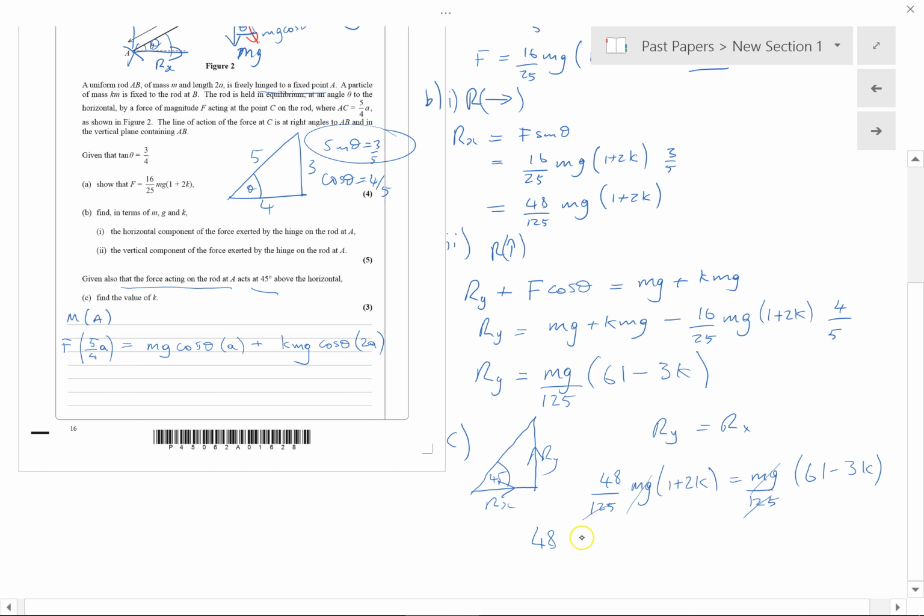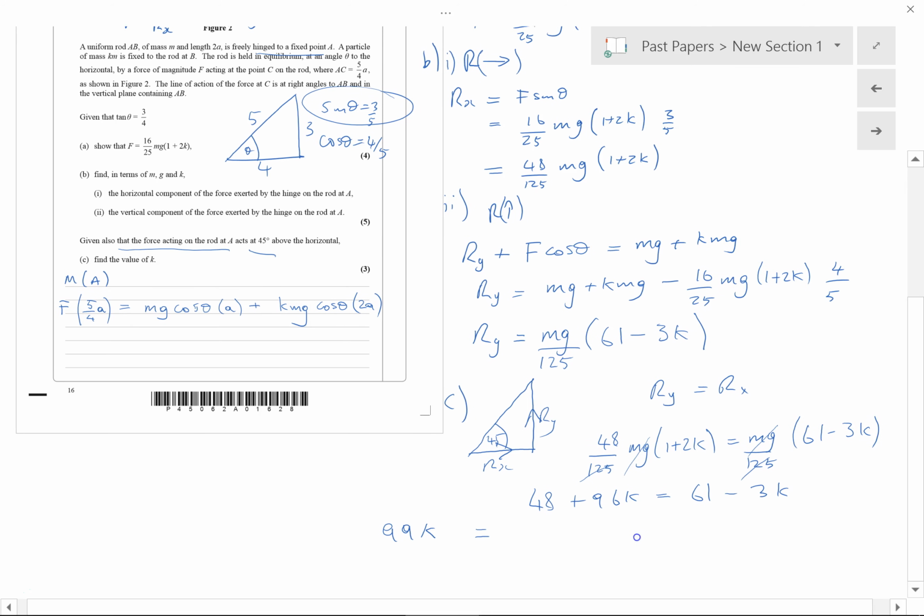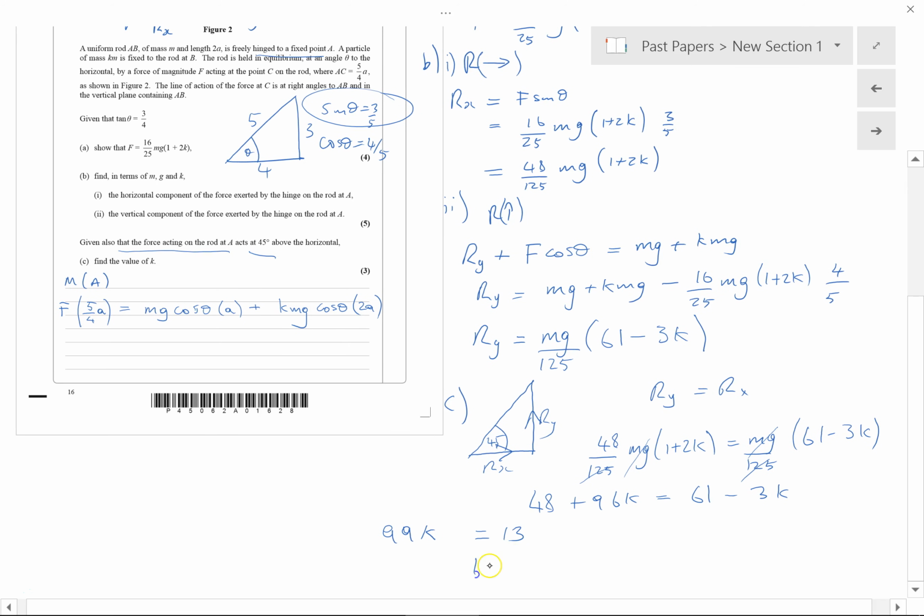Multiplying out, we get 48 plus 96k equals 61 minus 3k. So that gives us 99k equals 61 take 48, which is 13. K is 13 over 99.